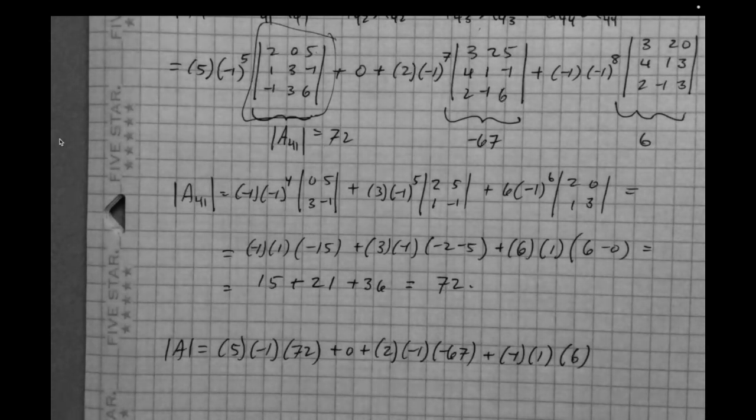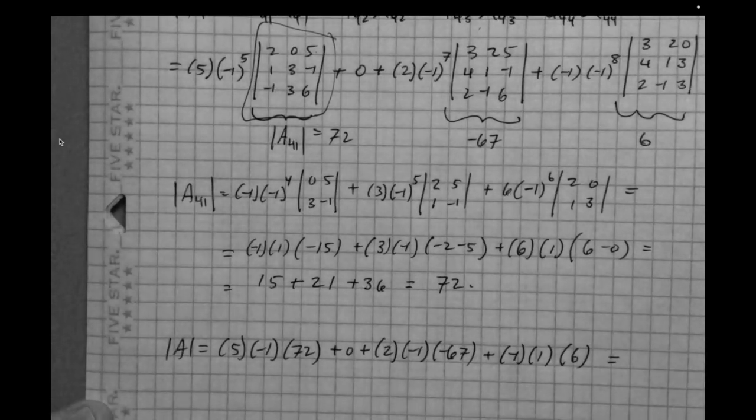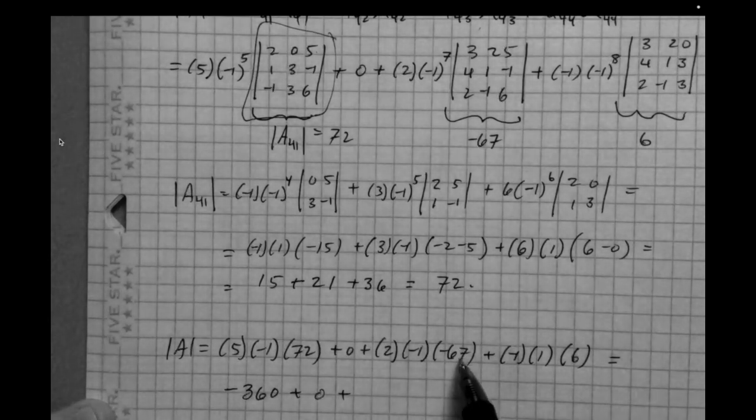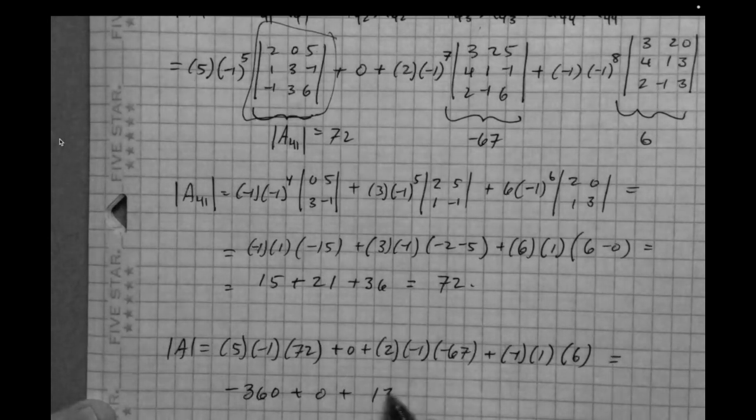You can go through and figure this all out. 72 times 5, that's 360, negative. Plus 0 plus, now what is this? 67 times 2 is 134, so this is plus 134.